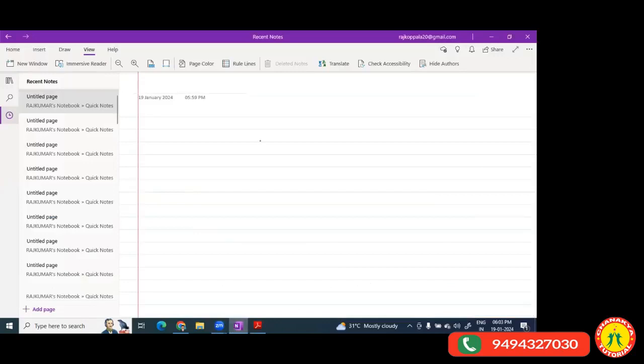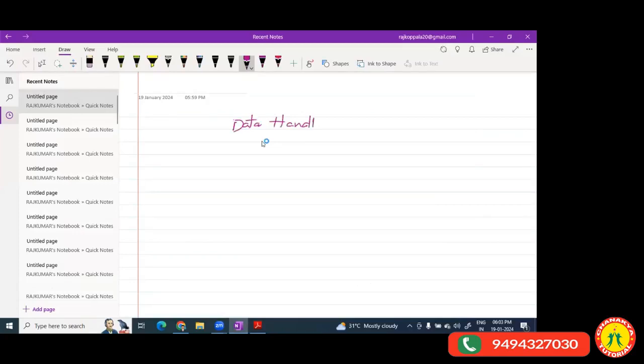See, the chapter is data handling. Data handling means you know the data. Data is of two types.